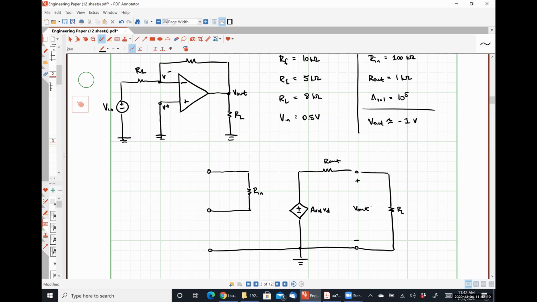Now, what I am trying to decide here is whether I want my non-inverting input terminal to be here or here, because I can change. It's literally just going to make it slightly simpler to draw. That's all it's going to do. VD is still going to be defined as a potential difference between the non-inverting input terminal and the inverting input terminal. It's just going to say which way makes it slightly easier to draw.